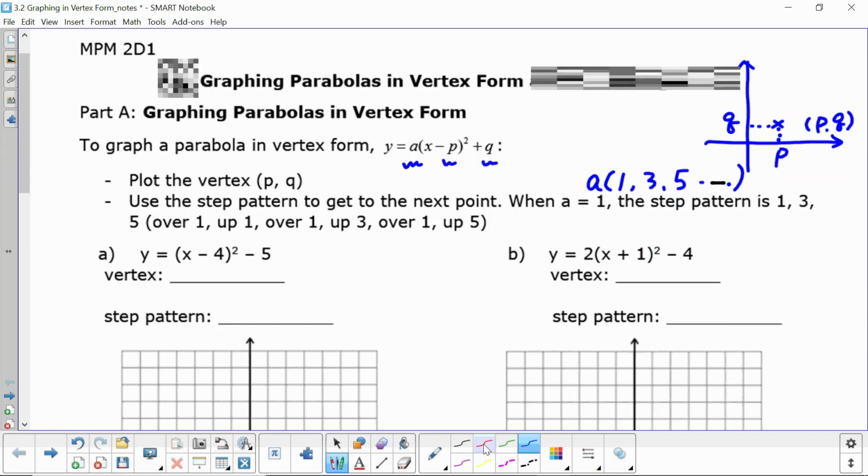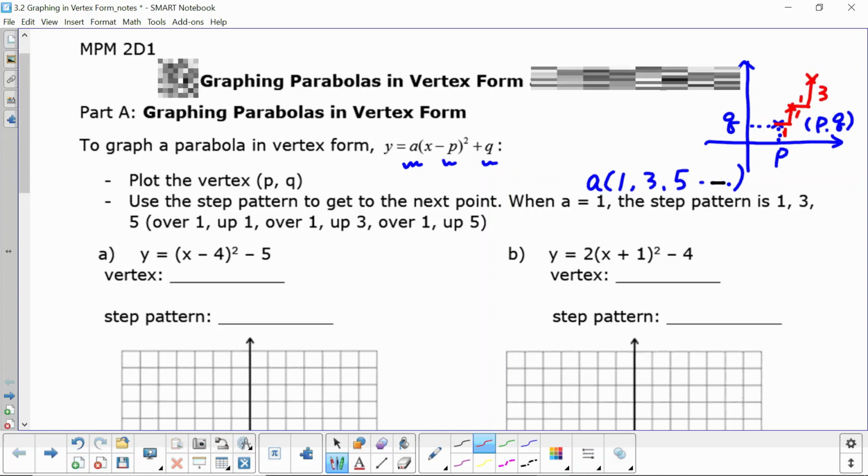From the vertex, we are going to use rise over run. Run is 1, rise is 1 if a equals 1. You have another point, and the next point will be run 1, rise 3. Then you have a second point, a third point.